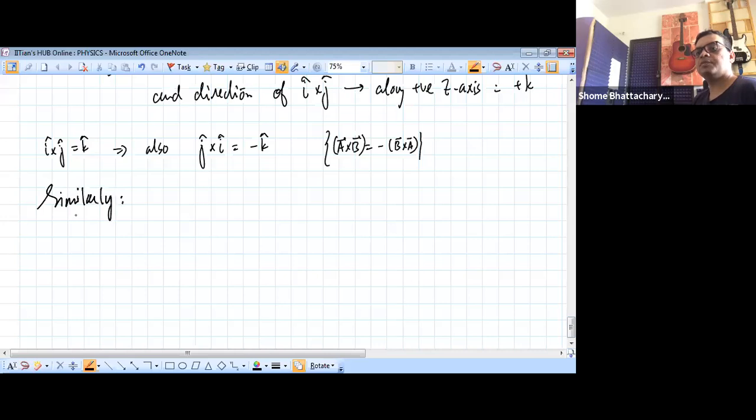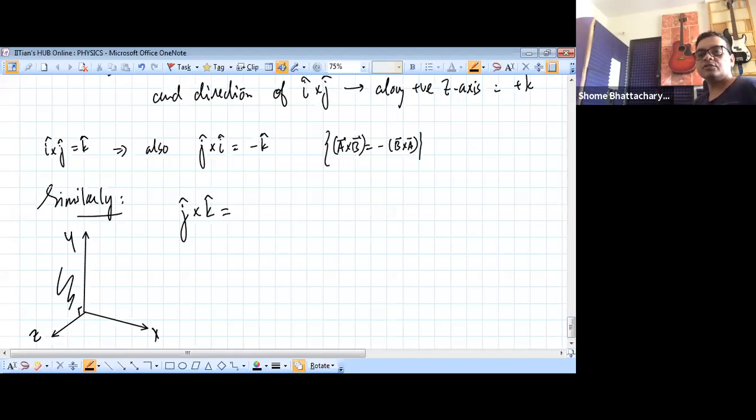you will observe, if you take j cross k, what we'll get here, try to observe. So imagine that three-dimensional system. This is your positive Z axis, this is your positive Y axis, and this is your positive X axis. They are mutually perpendicular.